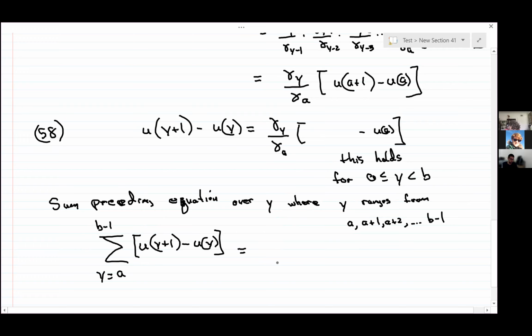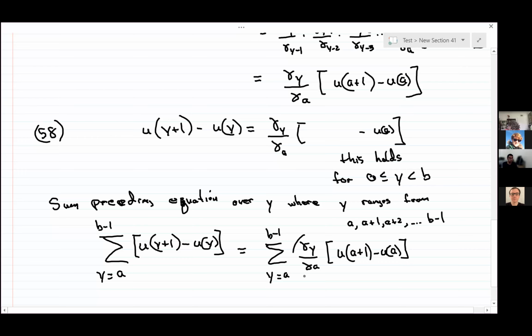So you have a summation going from a to b minus 1, but of this quantity over here, gamma y over gamma a times u of a plus 1 minus u of a. That's all in the sum. Okay.